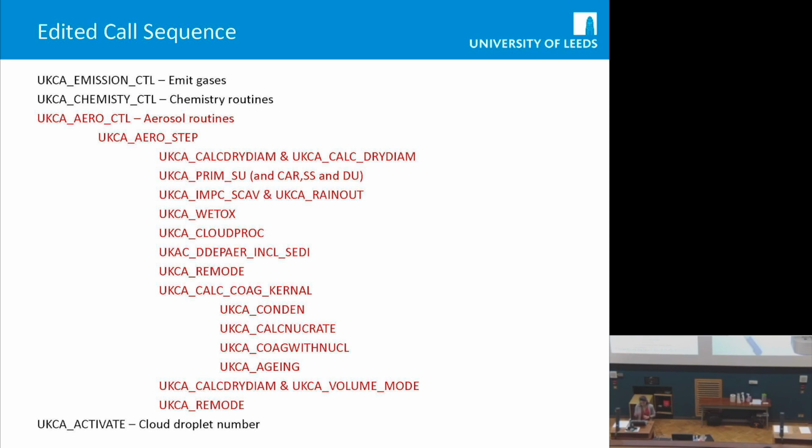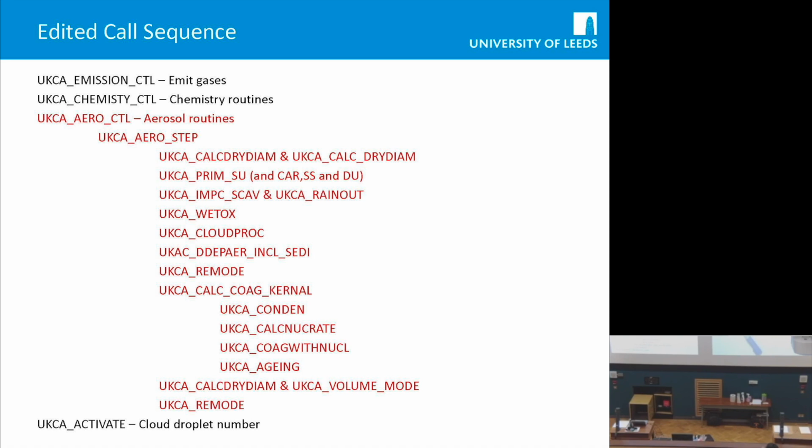And so I mentioned that I would show you some of the subroutine names. So within UKCA, there's a subroutine called UKCA aerostep. This is where all of the stuff that I've been talking about today is done within that particular subroutine.